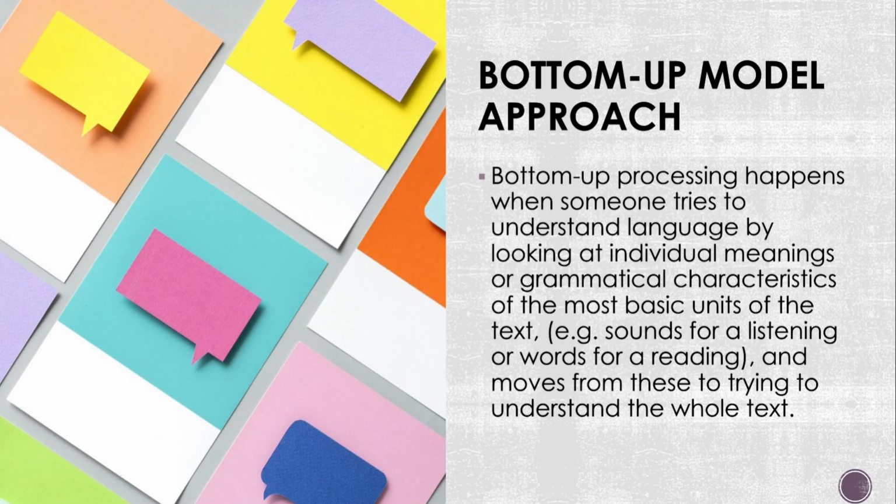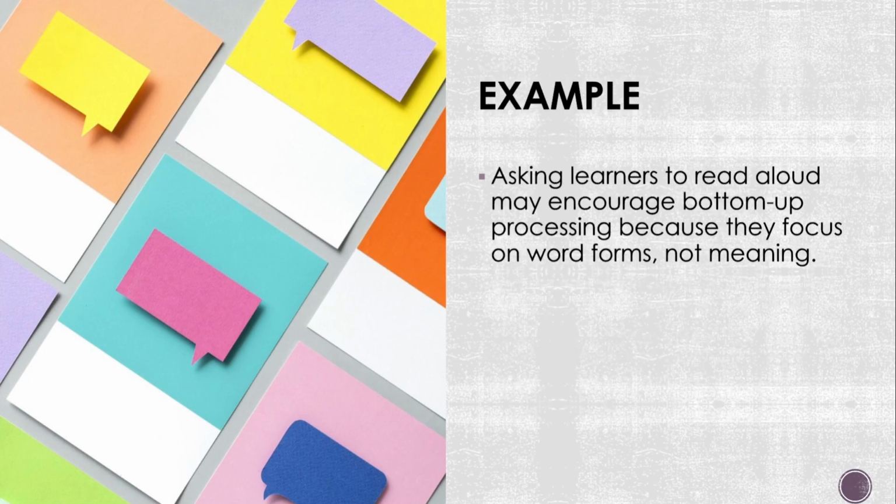And moves from these to trying to understand the whole text. Bottom-up processing is not thought to be a very effective way to approach a text initially, and it's often contrasted with top-down processing, which is thought to be more efficient. Asking learners to read aloud may encourage bottom-up processing because they would focus on words, on word forms, not on meaning.